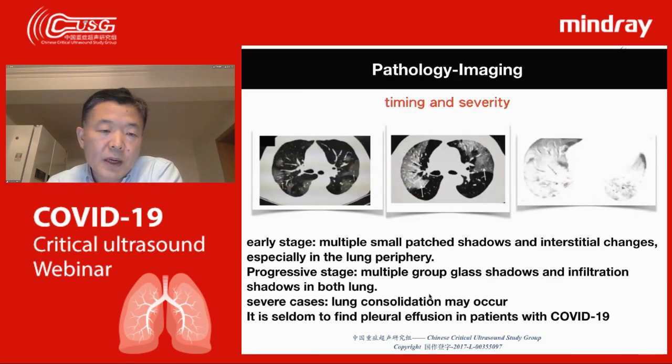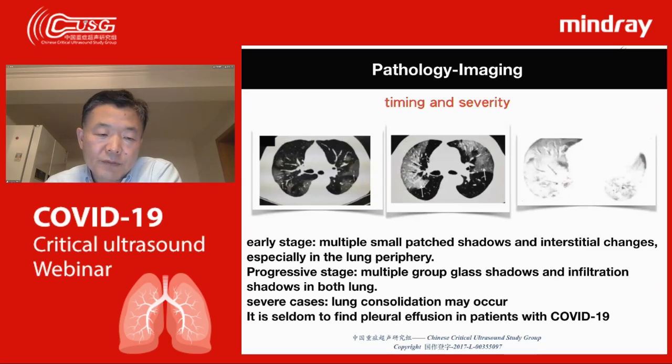So you see this part is from the peripheral, the lateral area, and not gravity dependent. And in the progressive stage, multiple ground glass shadows and infiltration shadows in both lungs you can see here. And in this stage, you can also say it's not gravity dependent.